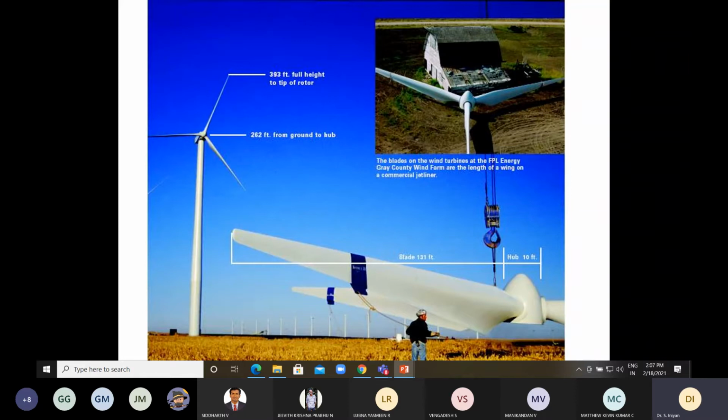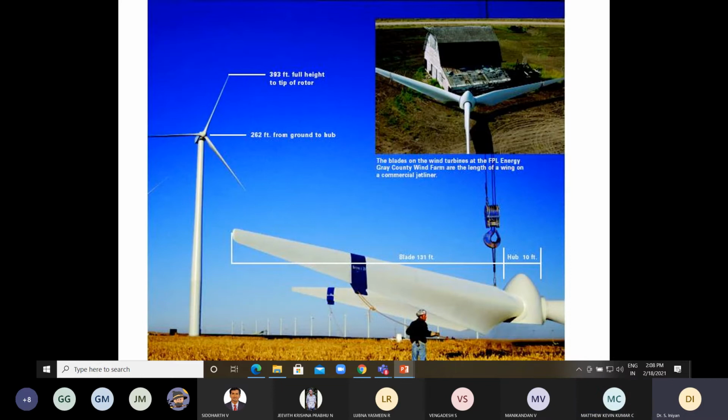As I told in the previous slide, what is a rotor? Last class I told what a rotor is. The central rotating part which is coupled to the generator, the shaft? It is the joining of the hub and the generator shaft.